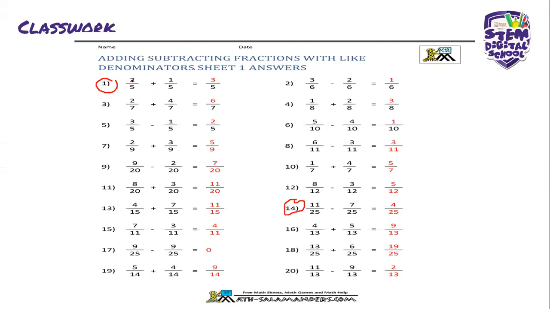Number 14. So you just added the numerators, you got 3 over 5.